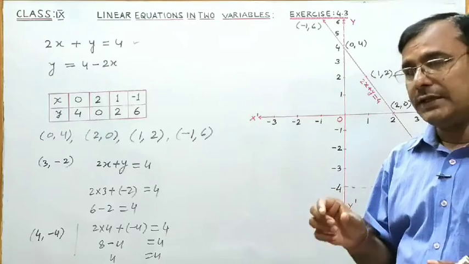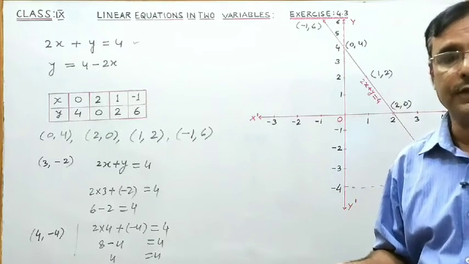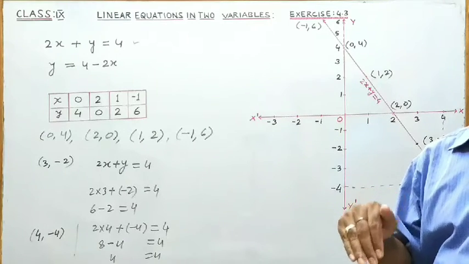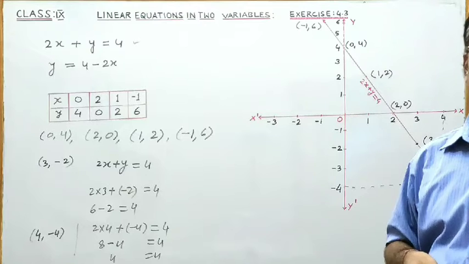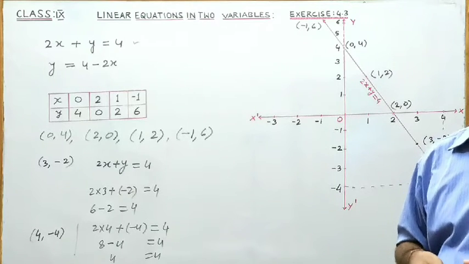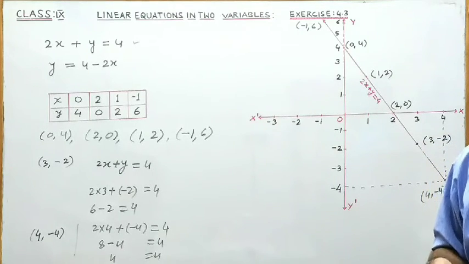So if a point is a solution of a linear equation, surely it will lie on its graph, and if a point lies on the graph of a linear equation, surely it will be a solution of the linear equation.